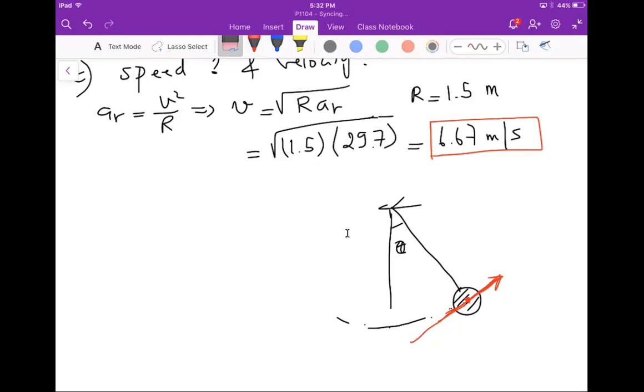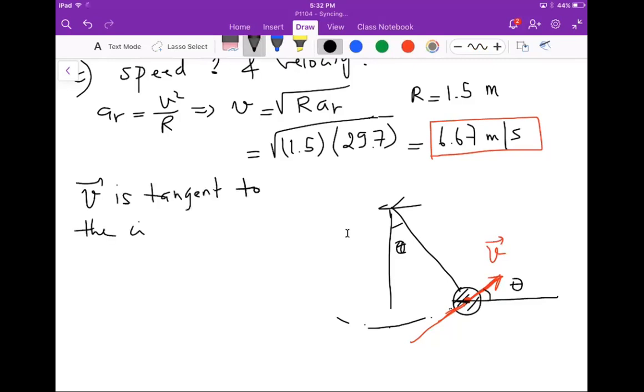So we can say that V is tangent to the circle and it is at theta equals 36.9 degrees above the horizontal.